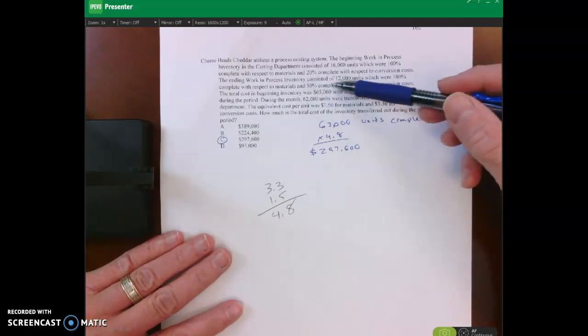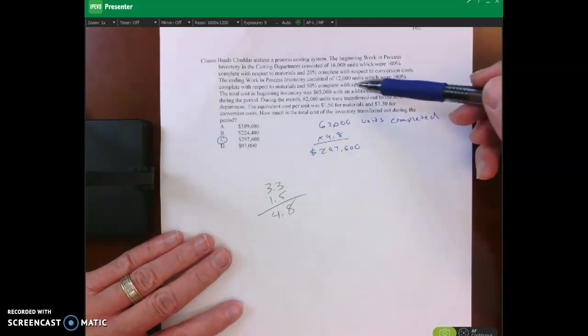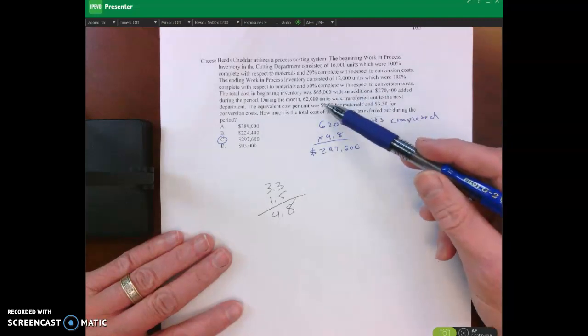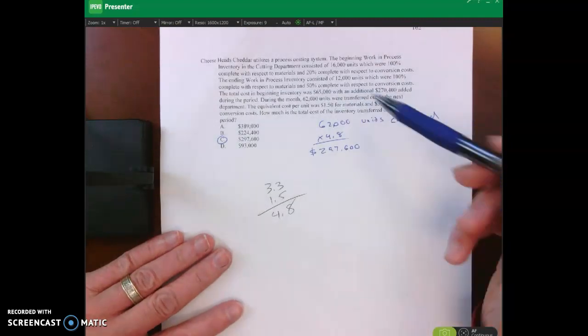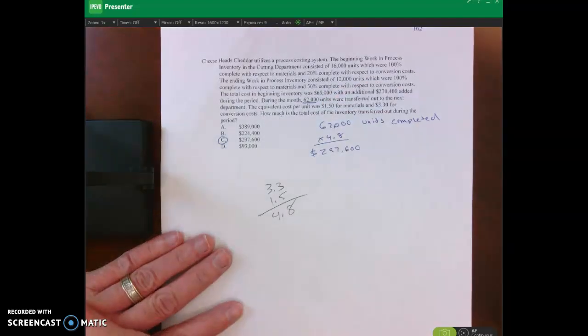The total cost in beginning inventory was 65,000. Additional 27,400 was added. During the month, 62,000 units were transferred out. I need to know that because I'm being asked, what's the total cost of those units being transferred out?